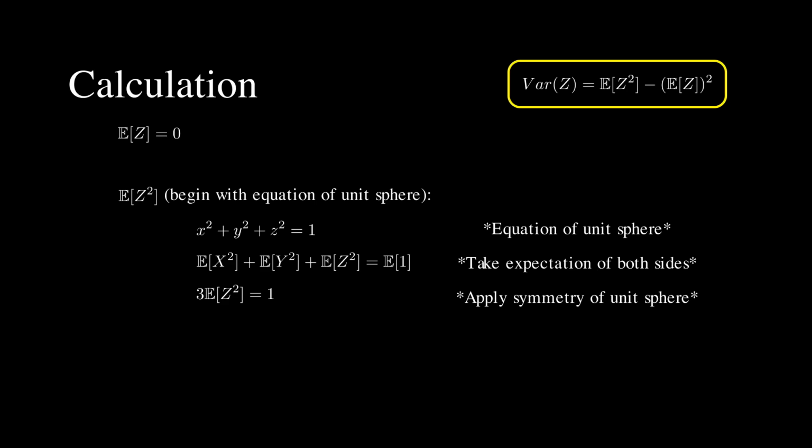And by a similar logic to calculating the expectation of z, we observe that each term, expectation of x squared, expectation of y squared, and expectation of z squared, are symmetrical along their respective axes. This means that they're equal, and we can aggregate them as 3 times the expectation of z squared is equal to 1. We then solve for the expectation of z squared and get 1/3.